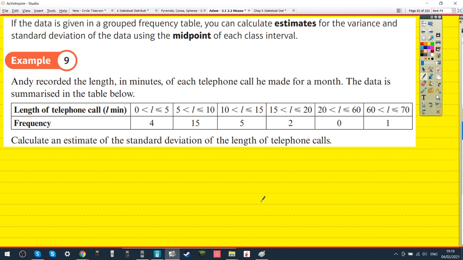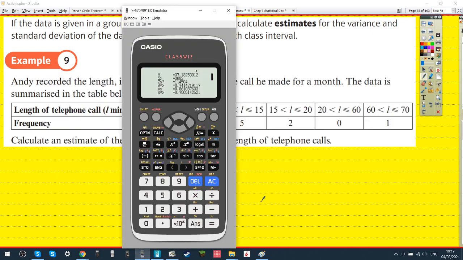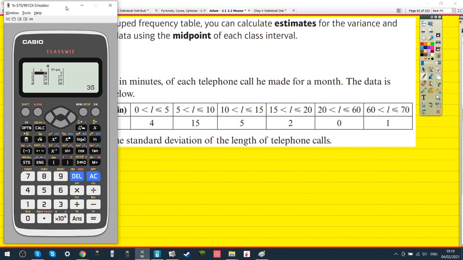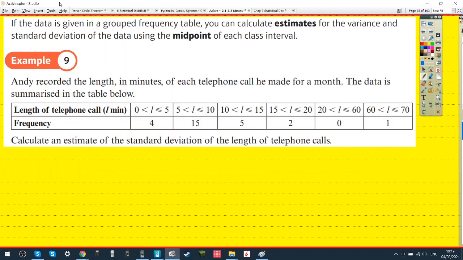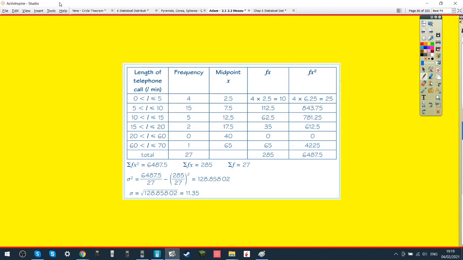Yeah, exactly. So how would you start this one? You have the same thing, but for the first one, the X would be 2.5, and the frequency would be 4. And you'll be fine for the rest of that. It's exactly the same.